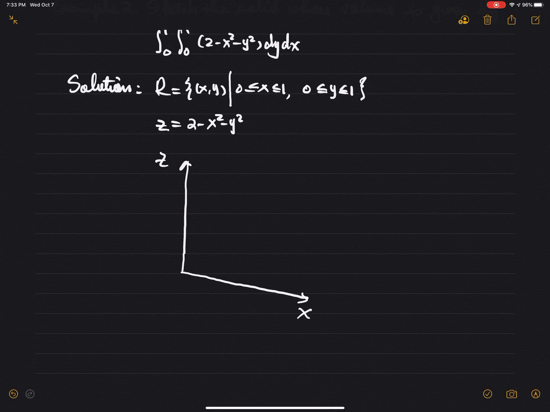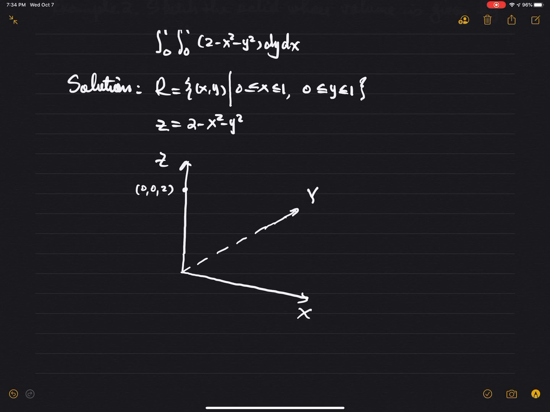I'm going to use a dashed line, since you're not going to see the whole thing. Now you see, when x is equal to 0 and y equal to 0, z should equal 2.